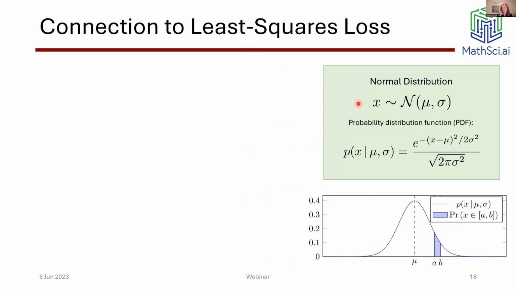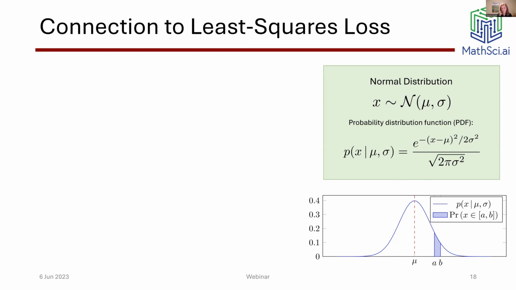When you have a normal distributed variable, if X is normal distributed with mean mu and standard deviation sigma, its probability distribution function is given by this funky thing here, which is a bell curve centered at mu. We can evaluate the probability that X is between A and B by integrating this PDF function from A to B. That's how the probability distribution function is used.